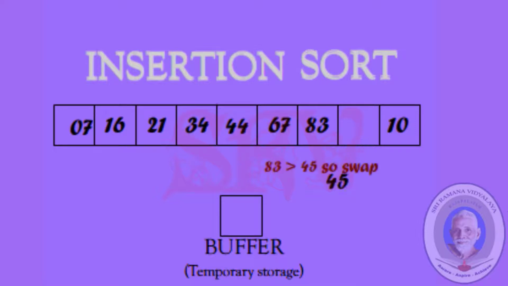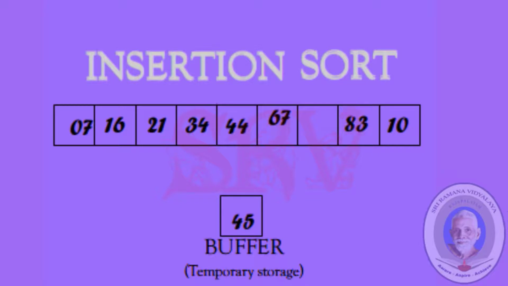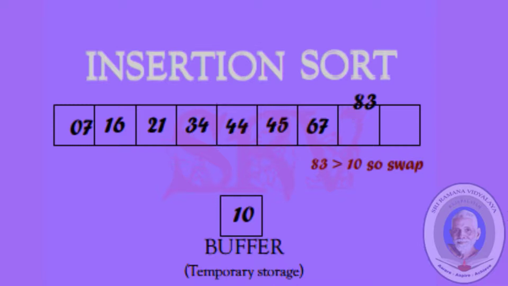Now 83 and 45 are checked. 45 is less than 83. So values are swapped. Next, 83 and 10 are checked. As 10 is less than 83, 10 is placed in the buffer and all the elements except 7 are shifted towards the right.